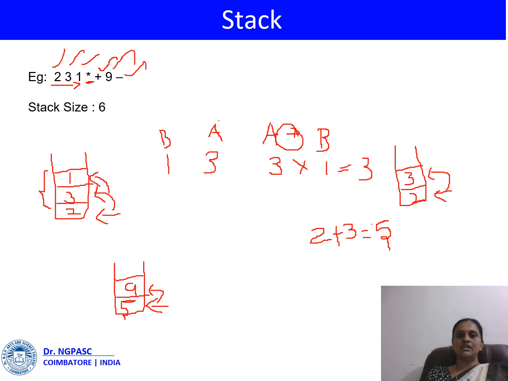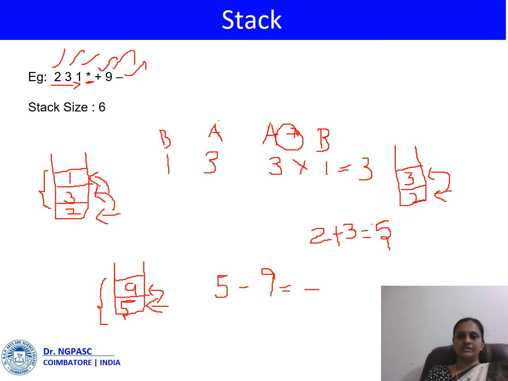Then finally, minus. Minus is an operator, so I pop out the top two values. When they are popped out, you can see how to apply the operator: it is 5 minus 9. So the result will be minus 4.